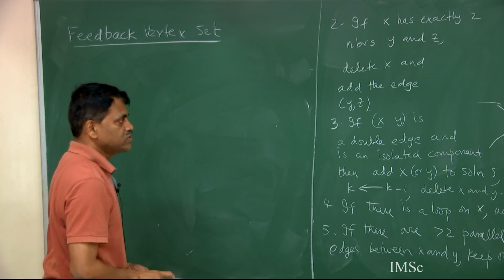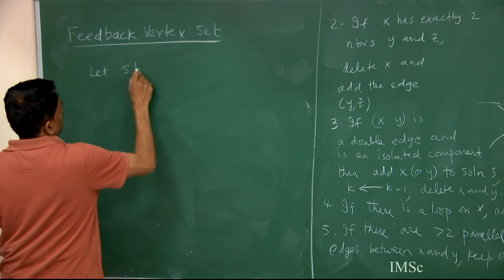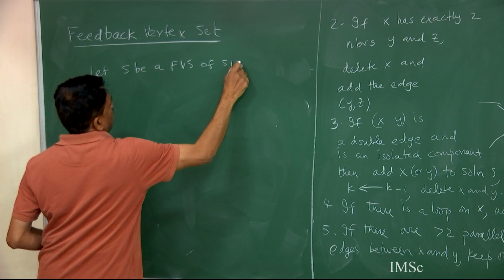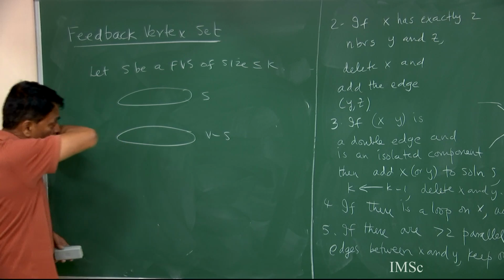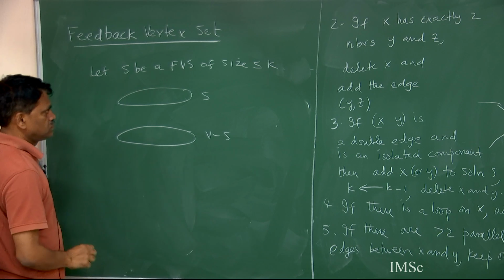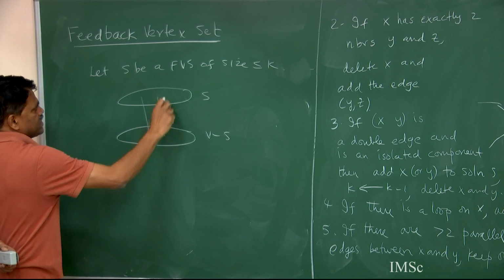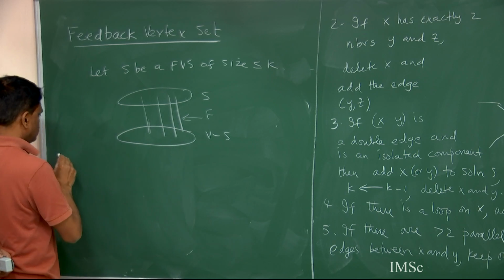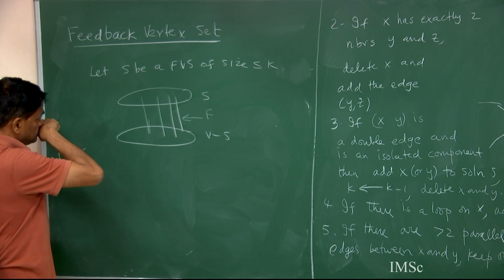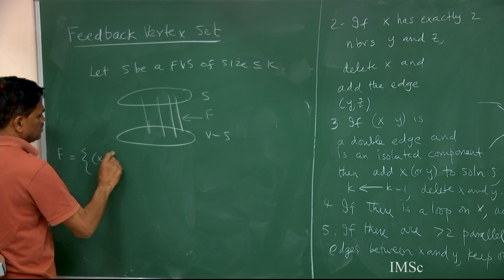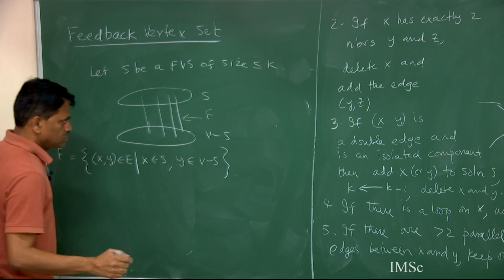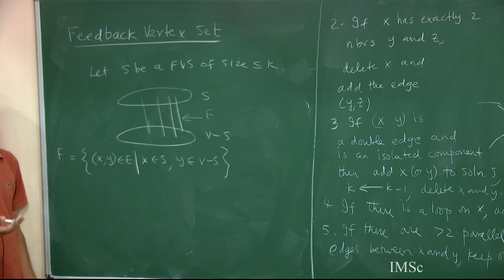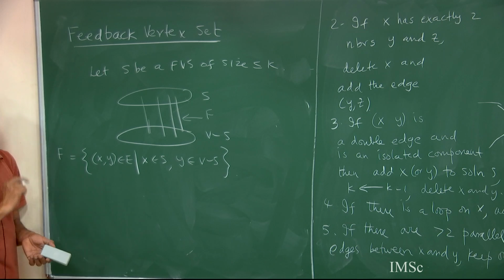So G is an instance, right? Let S be a feedback vertex set, so this is my S and this is my V minus S. Let's look at these edges and call it F. We will try and give a bound for the size of F in two ways, and out of this the claim will pop out.